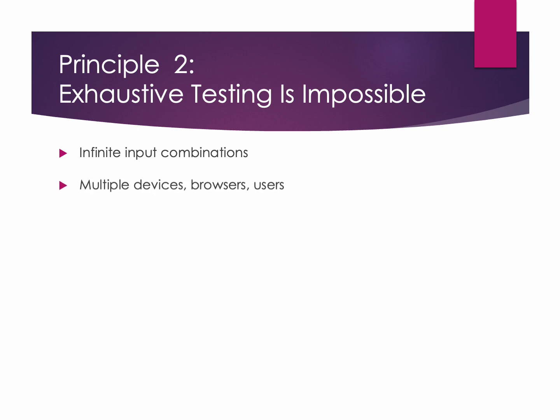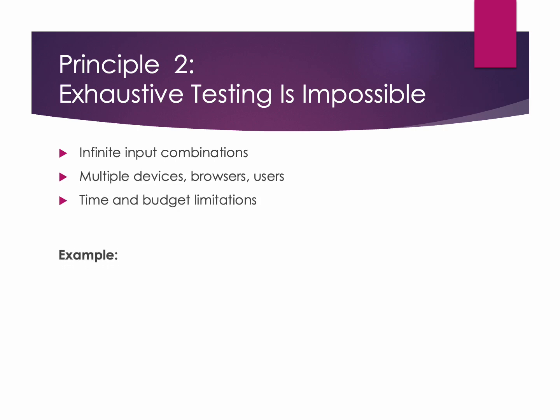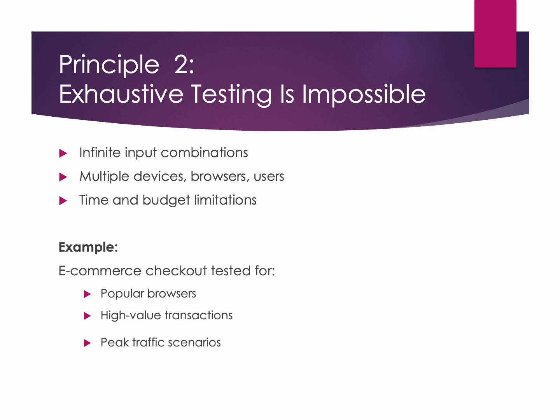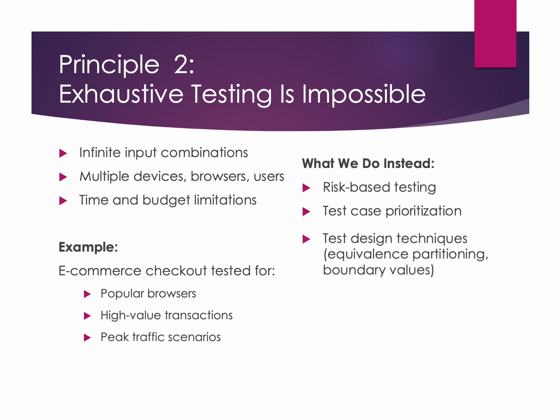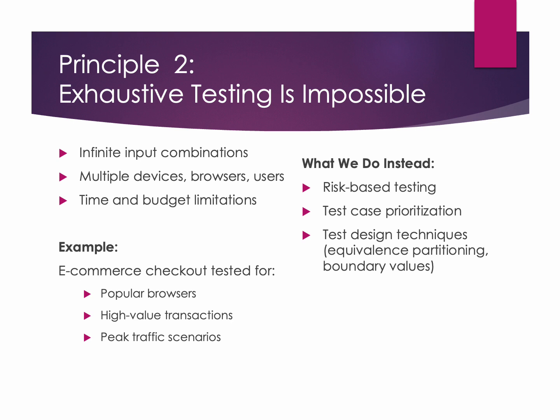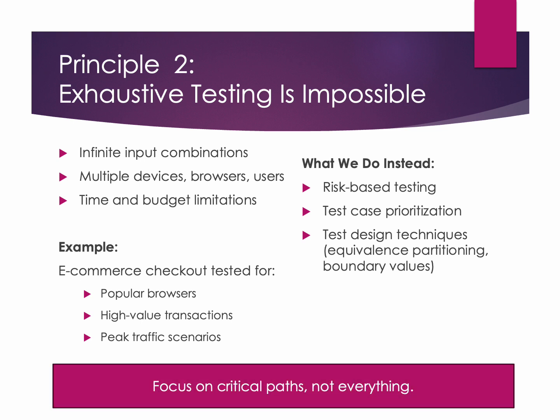This one is very important, especially for beginners. You cannot test everything. Not because you're lazy, but because it's practically impossible. Think about it. Different devices, different browsers, different users, different data combinations.